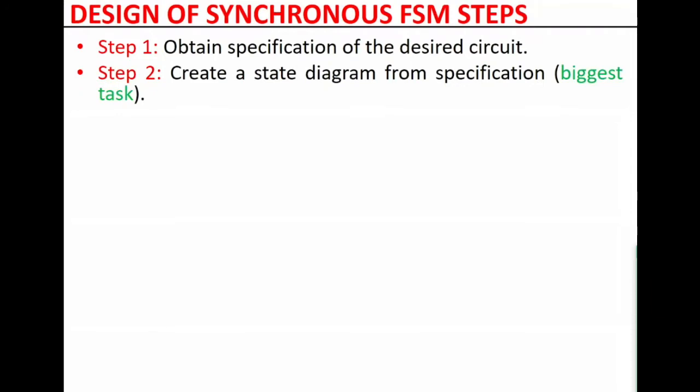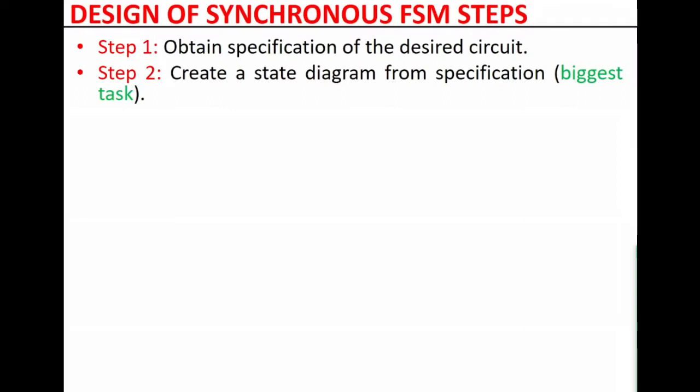Okay, so we will look at the steps for design of synchronous finite state machines. The first one, you get the specification of the desired circuit. Normally the question or the problem will give you the specs. Create the state table, create a state diagram from the specification or state table.